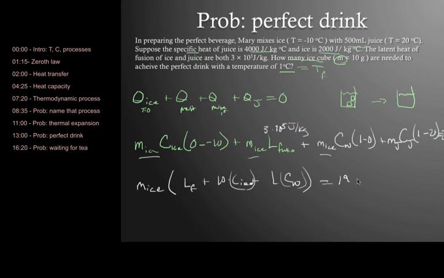So that's 19 times mass of the juice, C juice. If we solve for M ice, we're going to get 0.1169 kilograms. Each ice cube is 10 grams, so this would be about 11 to 12 ice cubes.